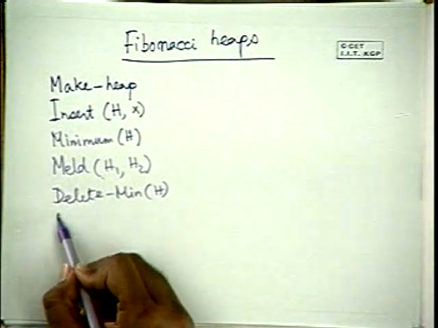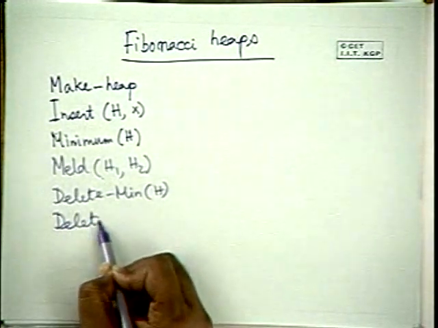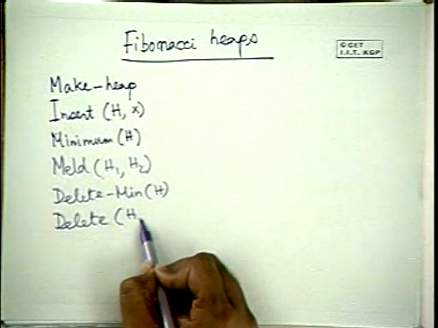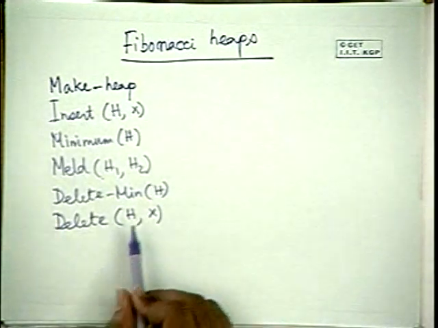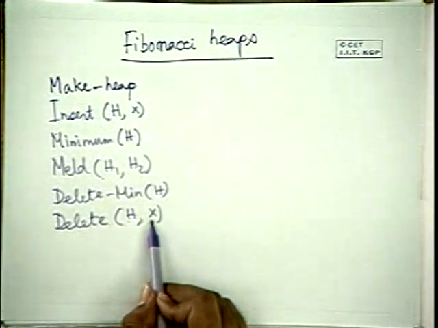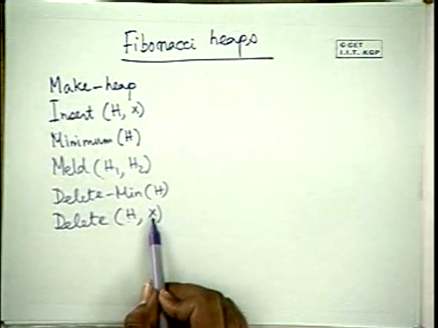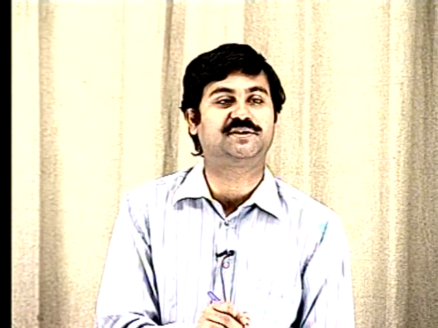And there is another one which is simple delete, delete H, x. Basically from the heap H, delete the node X. We will be giving the pointers, because this is not a search tree. This Fibonacci heap is not good for search. Like a heap, it is not good as a search structure. You cannot search efficiently in a heap.